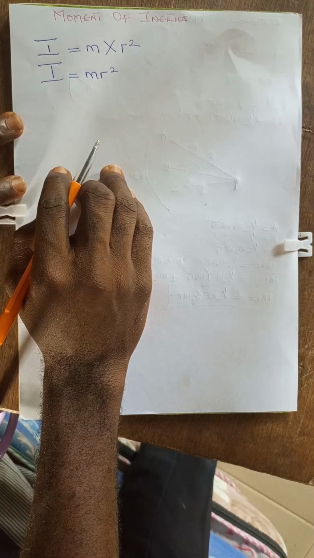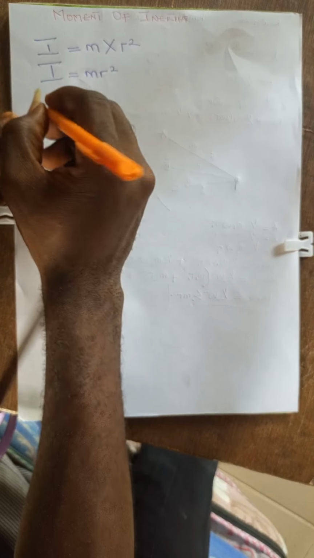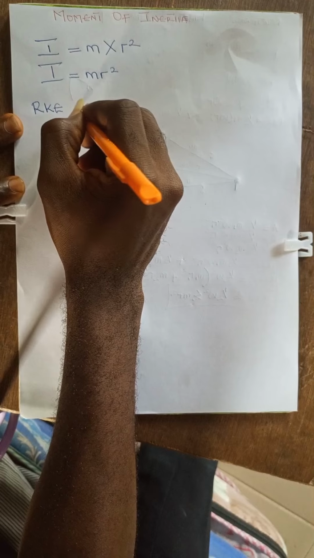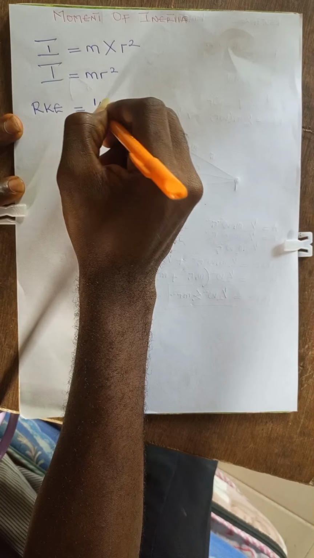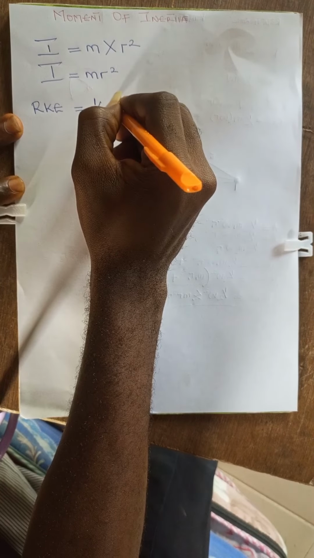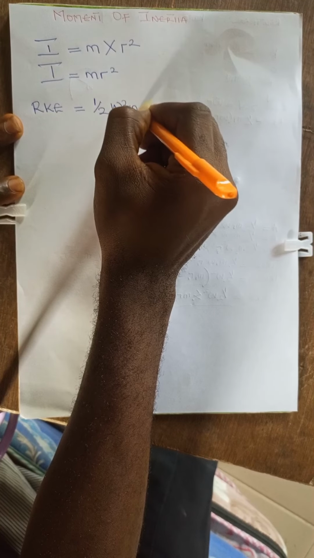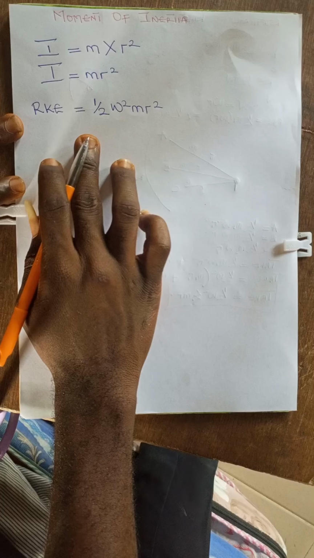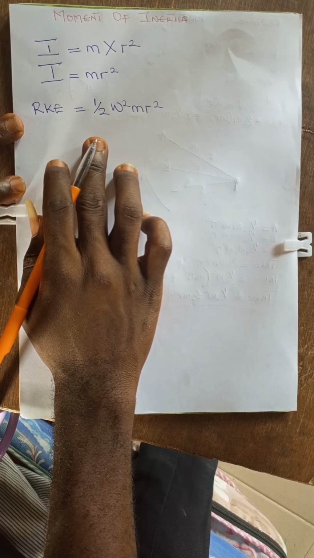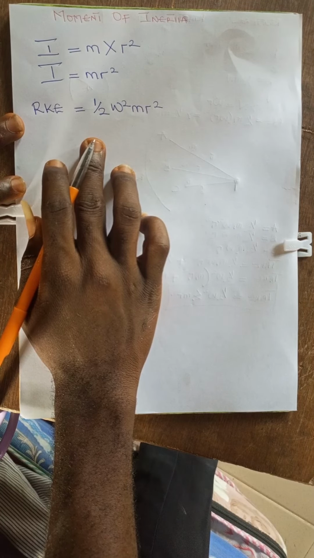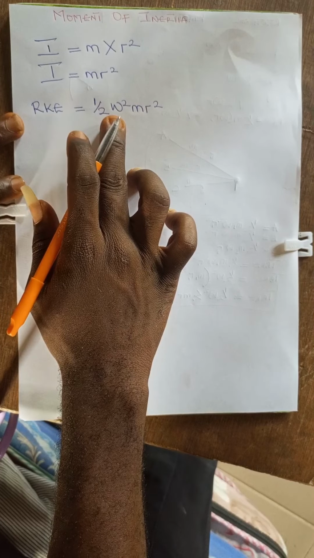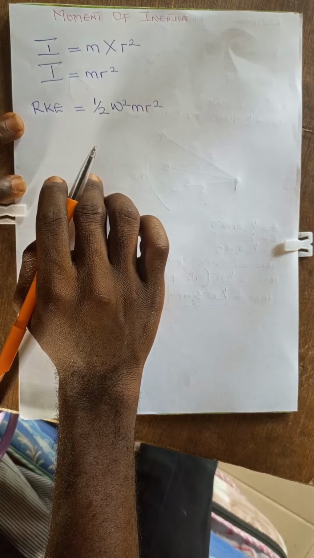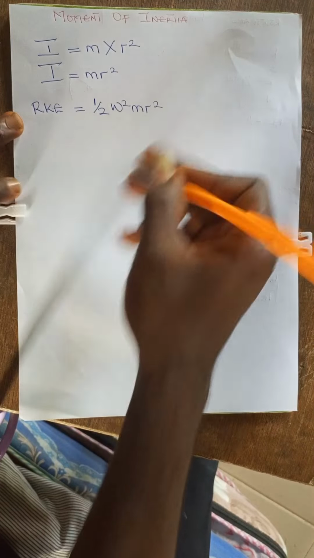Now if we go back to our formula for rotational kinetic energy, we said rotational kinetic energy equals half omega square m(r) square. This is the formula for rotational kinetic energy. Now we said for moment of inertia, the only things not there are this omega and this half we are multiplying.